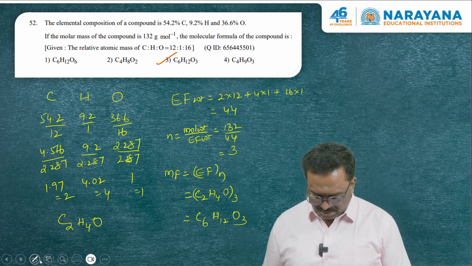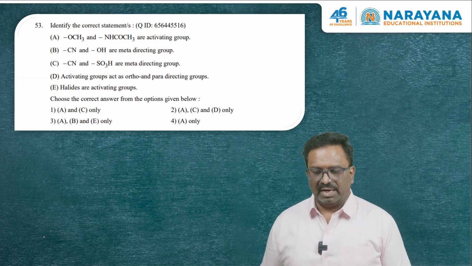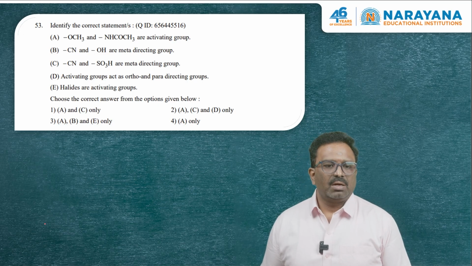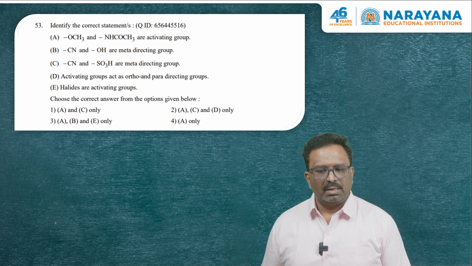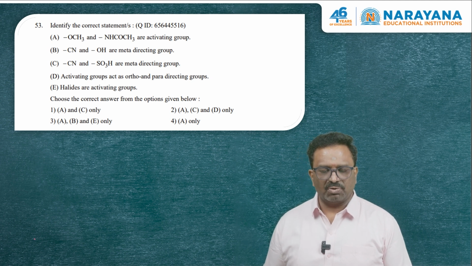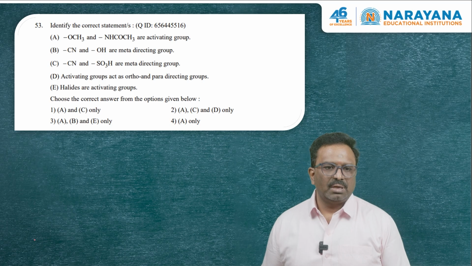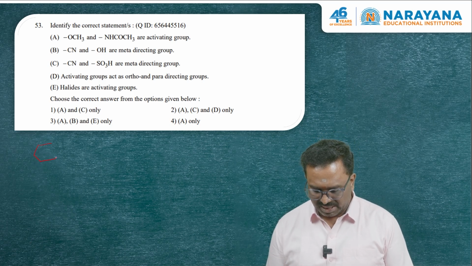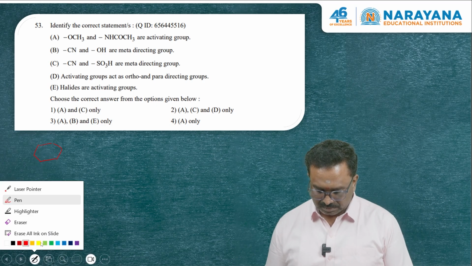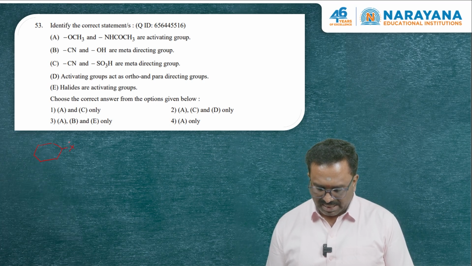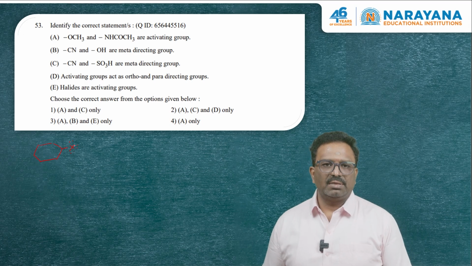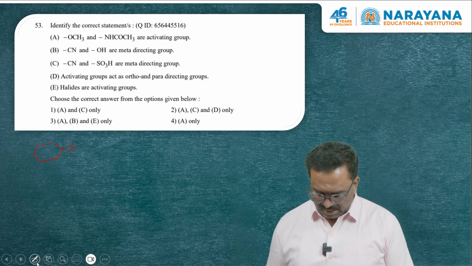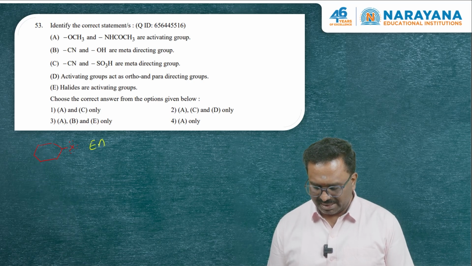Let me see the next one. Identify the correct statements. OCH3 and NHCOCH3 are activating groups. In an aromatic ring towards electrophilic aromatic substitution, if the element attached to the aromatic ring contains an atom with a lone pair, it acts as an activating group towards electrophilic aromatic substitution, EAS.